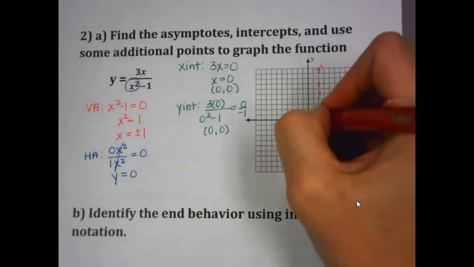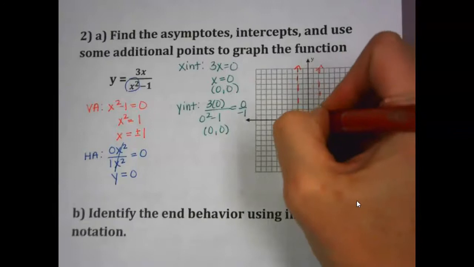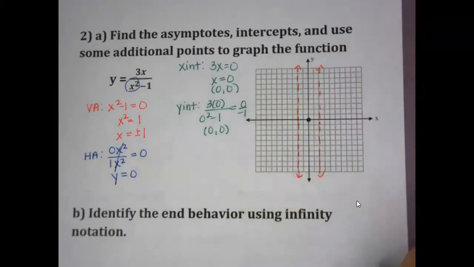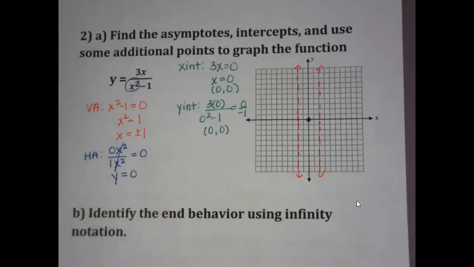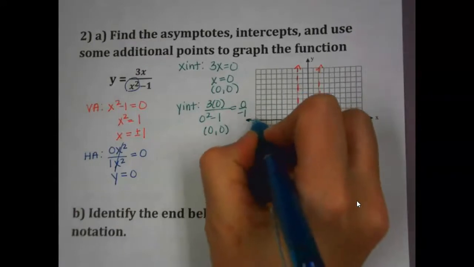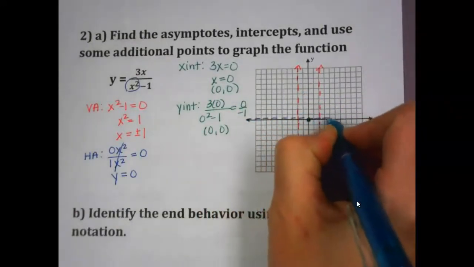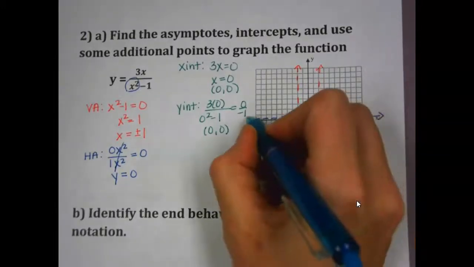And then 1/2, negative 1, vertical asymptote on the left. I'm just counting by 1/2 to give us a little bit more space, because my graph is pretty small. And then I also need y equals 0. That is the same thing as the x-axis, so I'm going to dot it just above the x-axis, simply so that you can see it. But it really would be right on top of the x-axis.